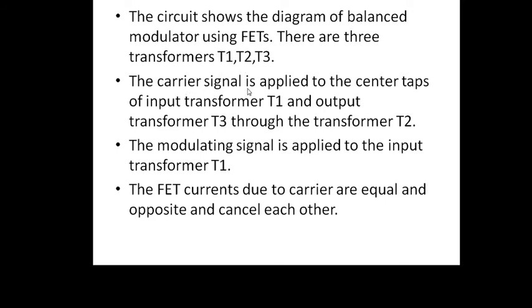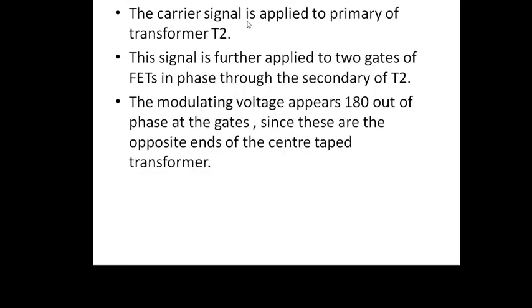The carrier signal is applied to the center tap of transformer T2, and the modulating signal is applied to the input of transformer T1. The FET currents due to the carrier are equal and opposite and cancel each other. The carrier signal is applied to the primary of transformer T2 and is further applied in phase to the 2 gates of the FETs through the secondary of T2.